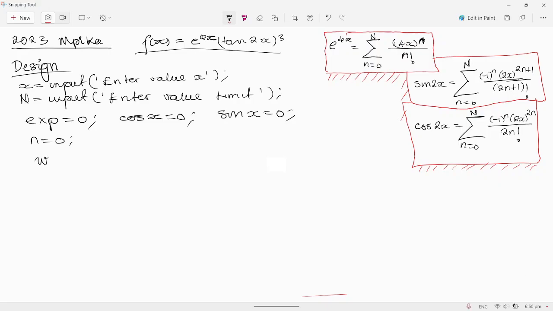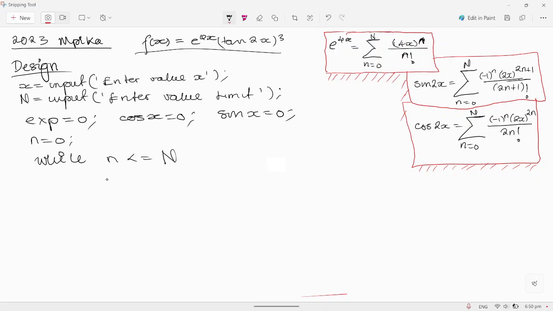And we're going to say while n is less than or equal to the upper limit, then whatever is inside this while loop should work. So let's put our calculations in the while loop.